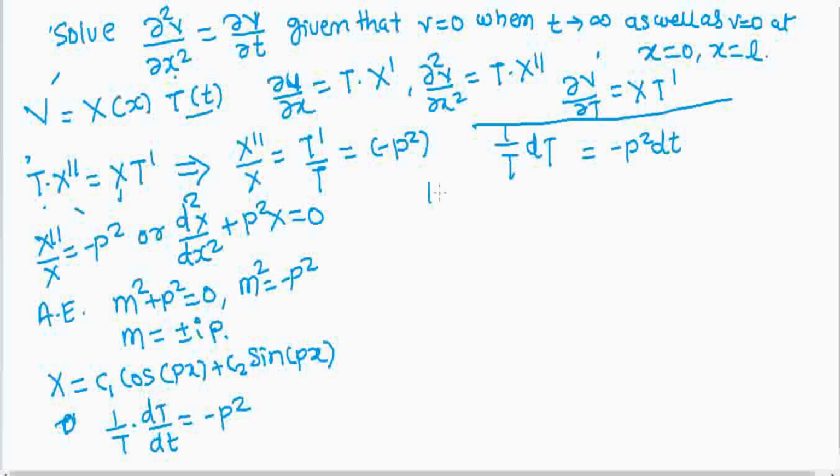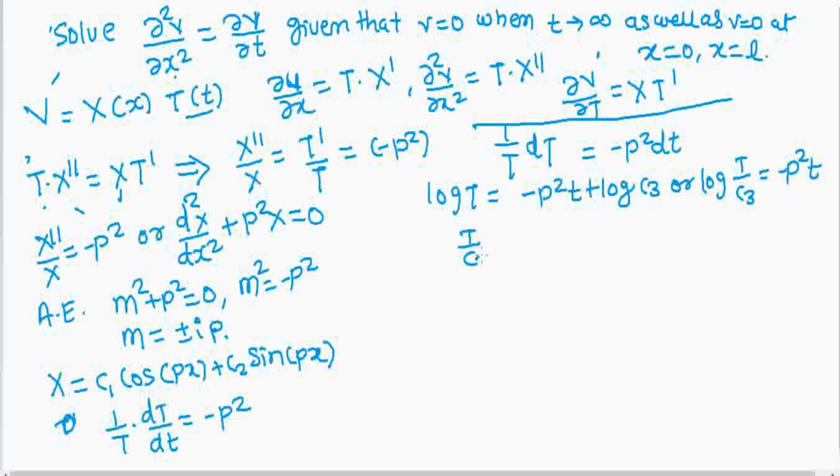Integration of this gives log of t equal to minus p square into t plus log of c3, or log of t divided by c3 equal to minus p square t. Taking exponential, t divided by c3 equal to e raised to minus p square t, or t equal to c3 into e raised to minus p square into t.